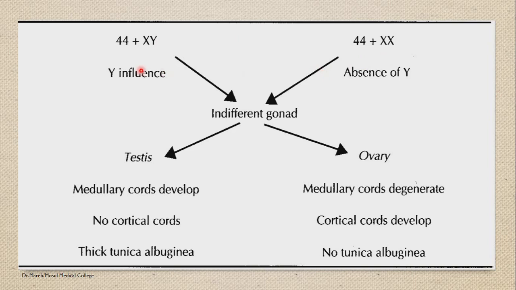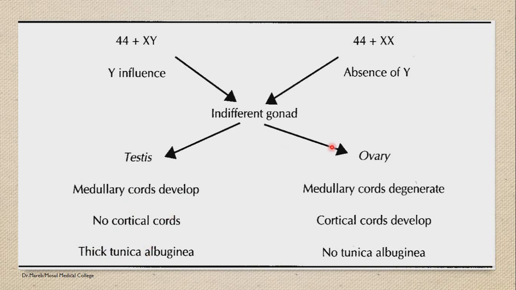In the male, the Y influence affects gonadal development, so the testes form. In the testes, the medullary cords develop and there are no cortical cords. There are three types of cells: the primitive germ cells, which change to spermatogonia, the Sertoli cells, and the interstitial cells of Leydig. There will also be formation of a thick tunica albuginea.